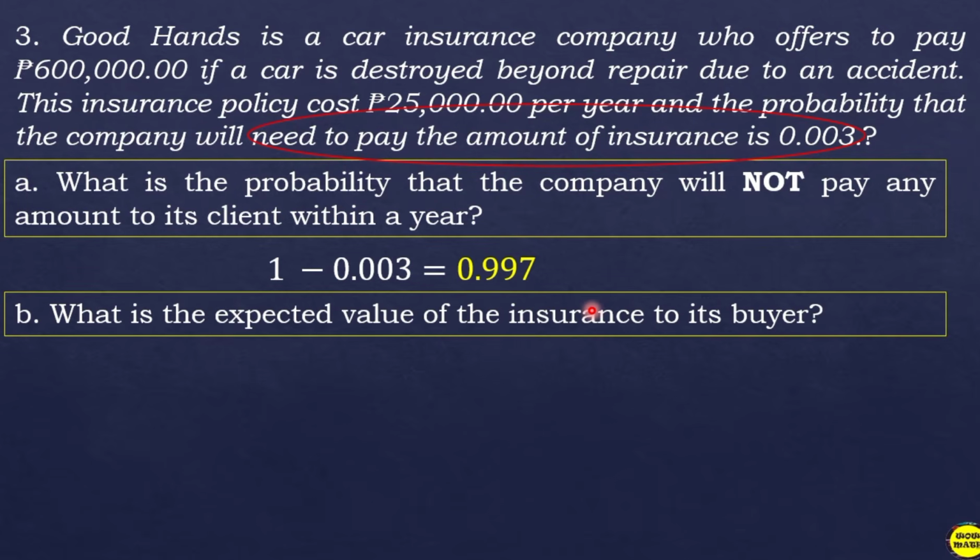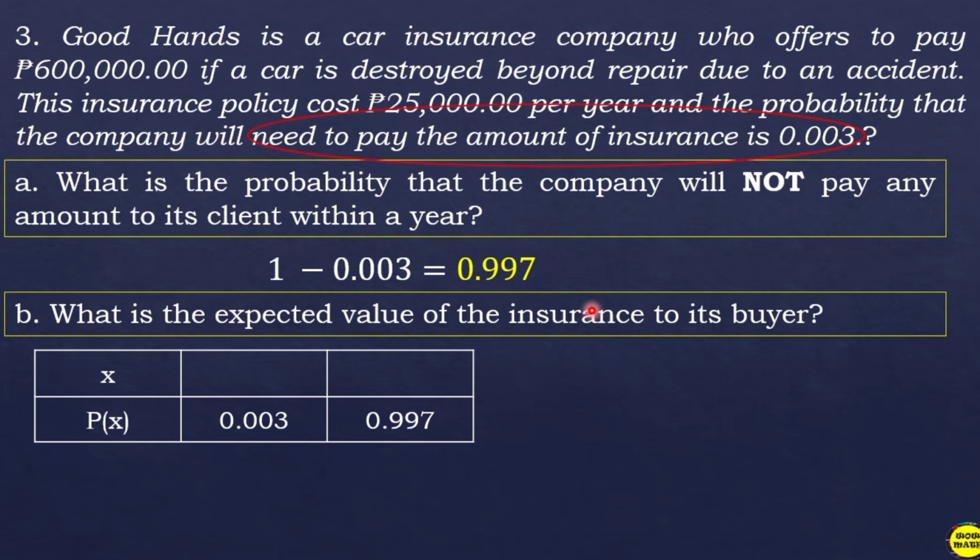So, what is the expected value of the insurance to its buyer? Expected value again, so the formula for the mean. Right? Using the formula, this is what we will do first. We have the probability that they will not pay, 0.997. This is the probability that they will pay. Since it is 600,000 pesos, and every year they will pay 25,000 pesos.